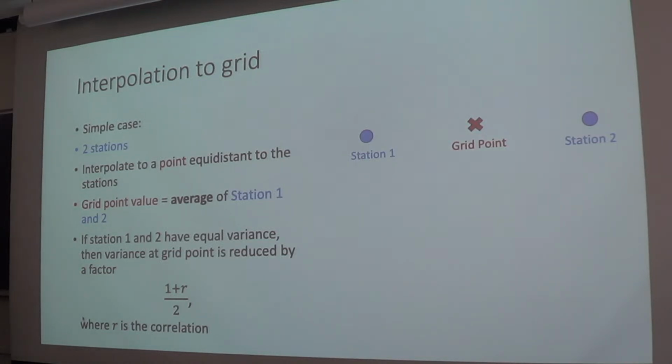Say station 1 and station 2 have the same variance. Then the variance at the grid point, which is just half of station 1 plus half of station 2, is (1 + r)/2, where r is the correlation. For example, if your correlation is 1, then the variance at the grid point is the same as at station 1. If the correlation is negative 1, then that's 0, because your stations cancel.